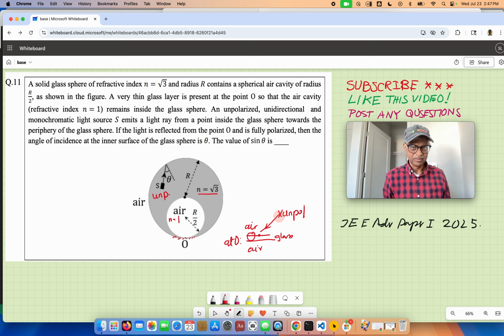So you can say it is polarized in every which direction, and then it reflects off here.